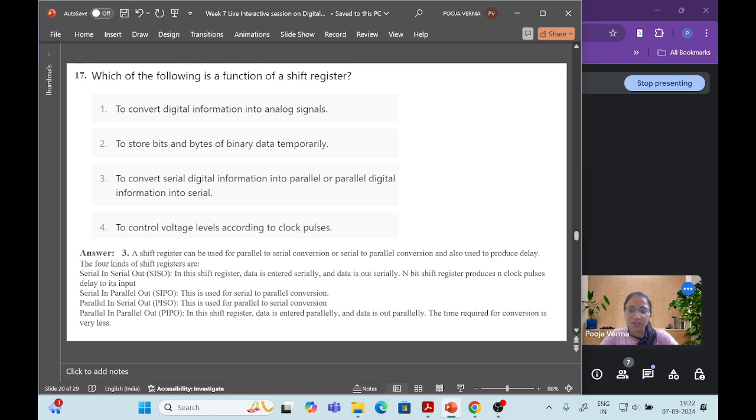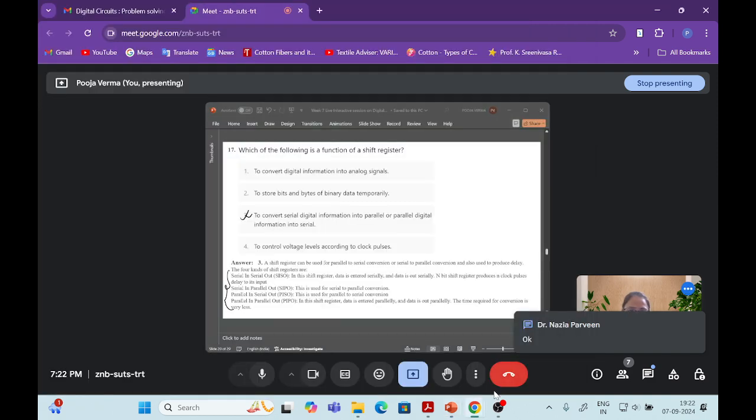So a shift register can be used for parallel to serial conversion or serial to parallel conversion. It is also used for delay, right? So only option 3 is the correct answer, to convert serial digital information into parallel, or parallel digital information into serial, based on which type of shift register we use. Okay.